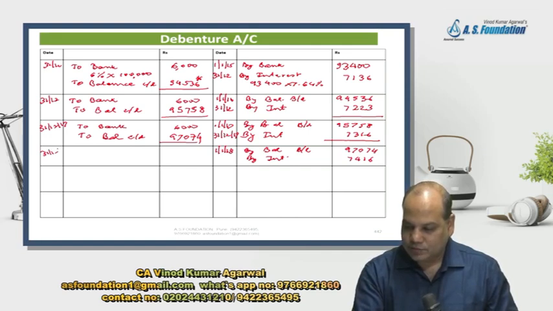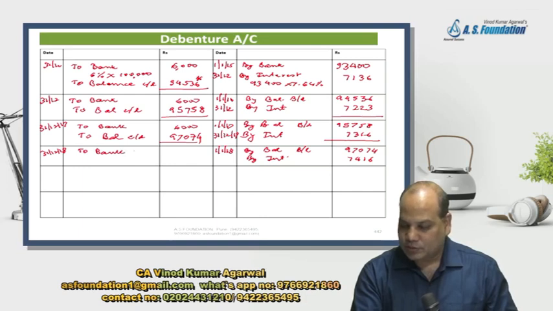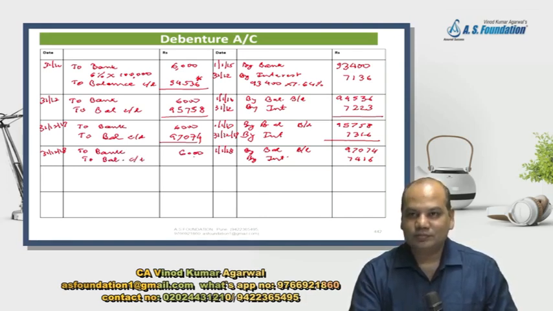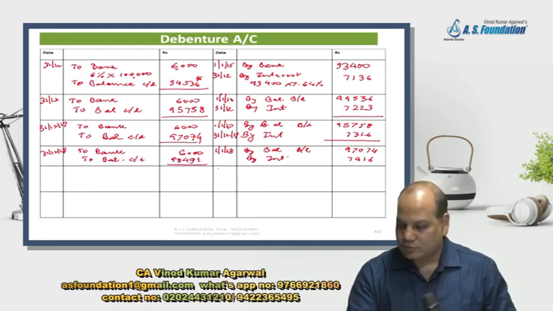Then 31st December 18, to bank 6,000, and to balance carried down 98,490, 1 or 0, both are okay.